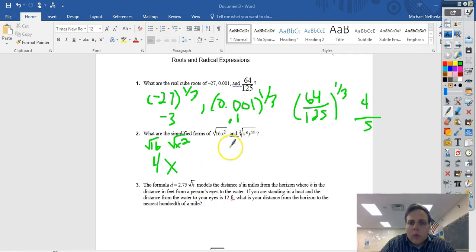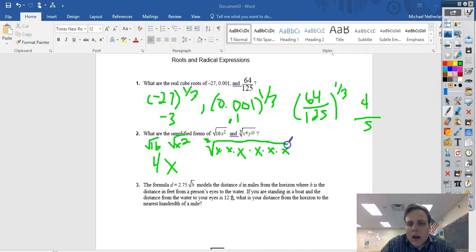For the next one, we have the cube root of x to the 6th, y to the 15th. I'm going to show you the method that we talked about in class, where you break them up and write it all out. The cube root of x to the 6th is x times itself 6 times: 1, 2, 3, 4, 5, 6.